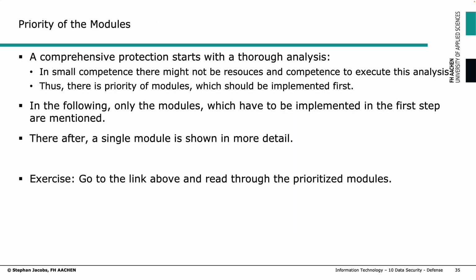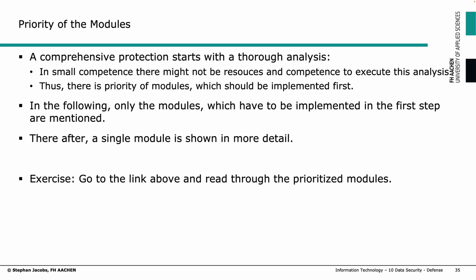There are quite some modules. And if you would like to have a comprehensive protection, you should start with a thorough analysis. For example, which are your values, your assets which should be protected the most? And what are the attacks which are most likely?